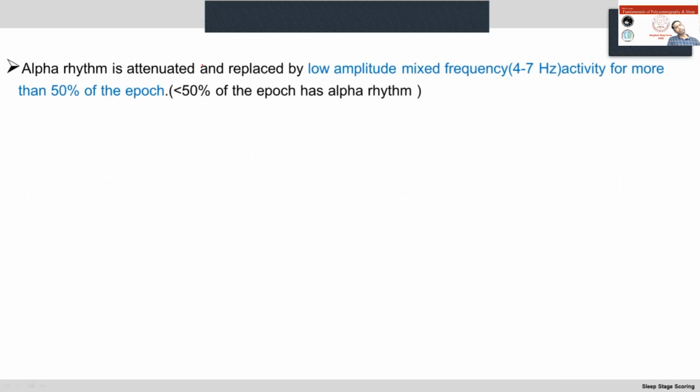So in wake stage there is alpha rhythm, and that has to be replaced by the low amplitude mixed frequency. This low amplitude mixed frequency ranges 4 to 7 hertz. And if low amplitude mixed frequency is more than 50%, then your wake stage ends.